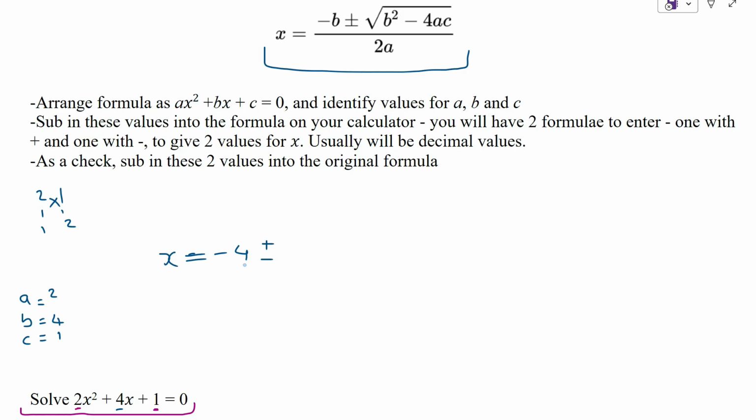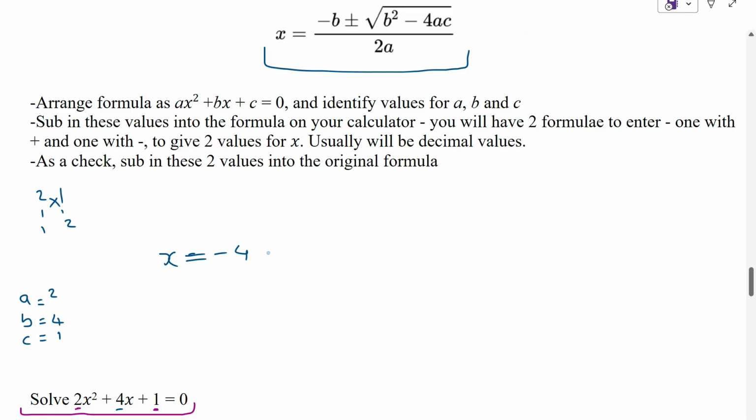We are going to have one equation where we add the square root of b squared, etc., and then another equation that we enter into our calculator where we minus the square root of b squared, etc. So let me actually write that down here. So I'm going to write out both of the equations that we need to input into our calculator.